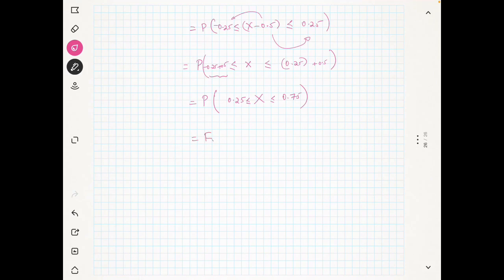So this is nothing but Fx of 0.75 minus Fx of 0.25.